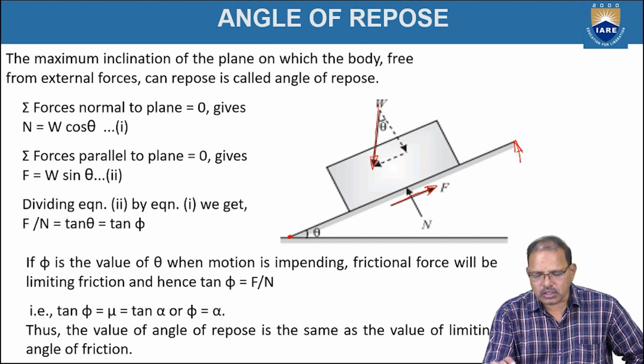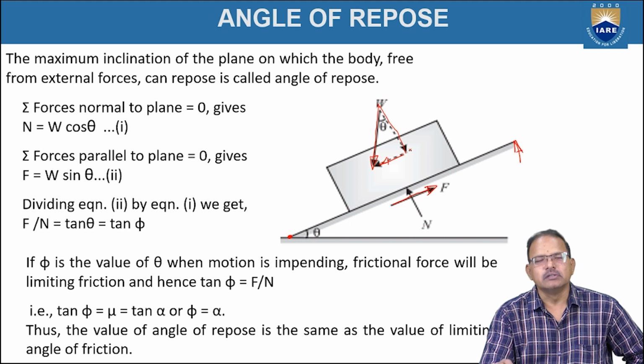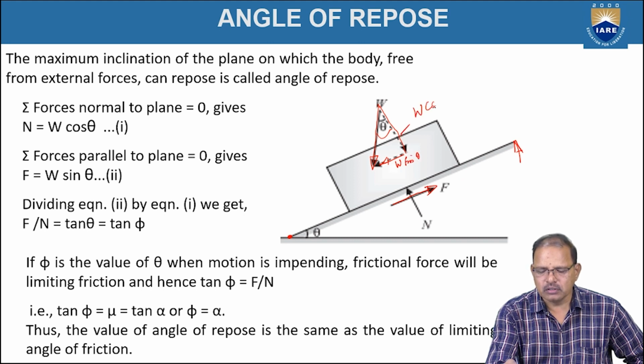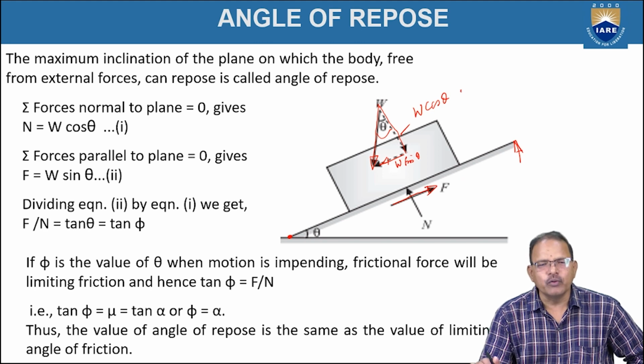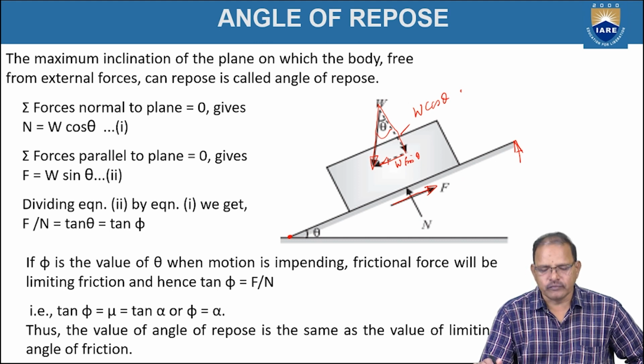Since there is no external force acting on it, the weight can be resolved into two components: W sin theta and W cos theta. At this point, when it is about to move, the body is in equilibrium under the frictional force, normal reaction, and the components of the weight of the body.